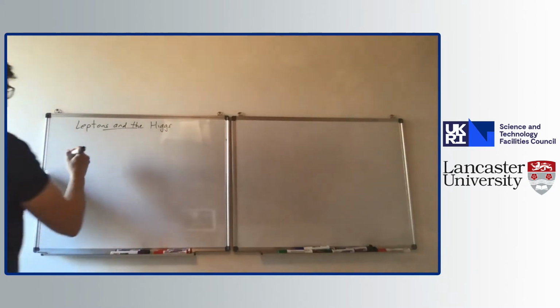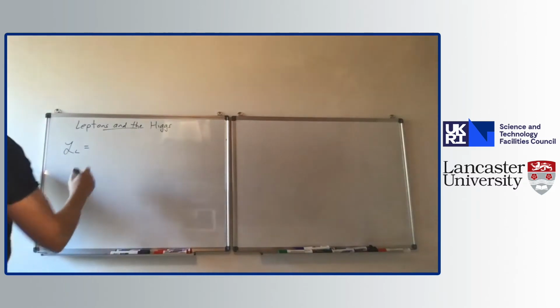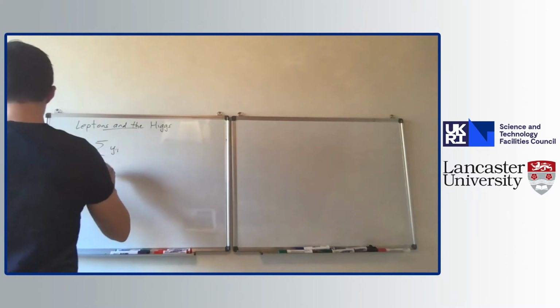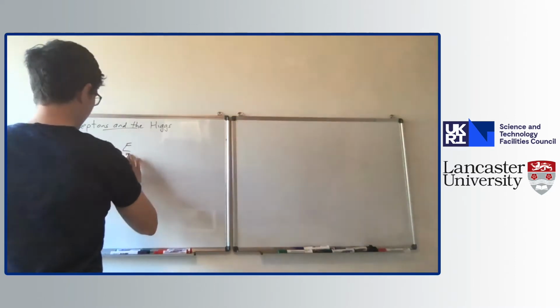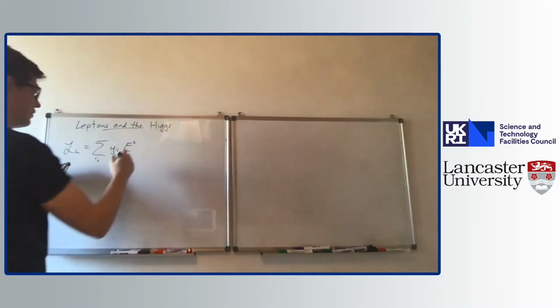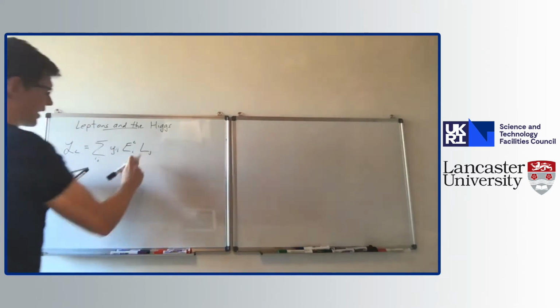So the lepton-Yukawa interactions are of the following form. I call it L_L. We have the sum over the Yukawas, Y_ij, with what I would call E^c, often referred to as the right-handed leptons, i, and then L_j.